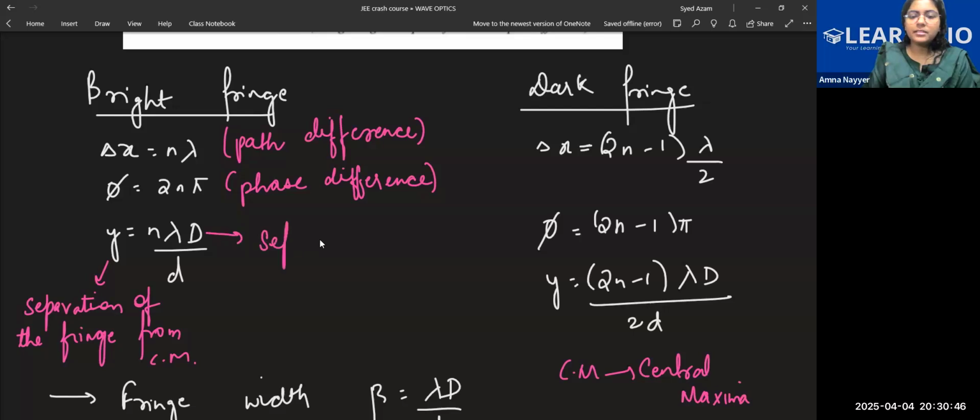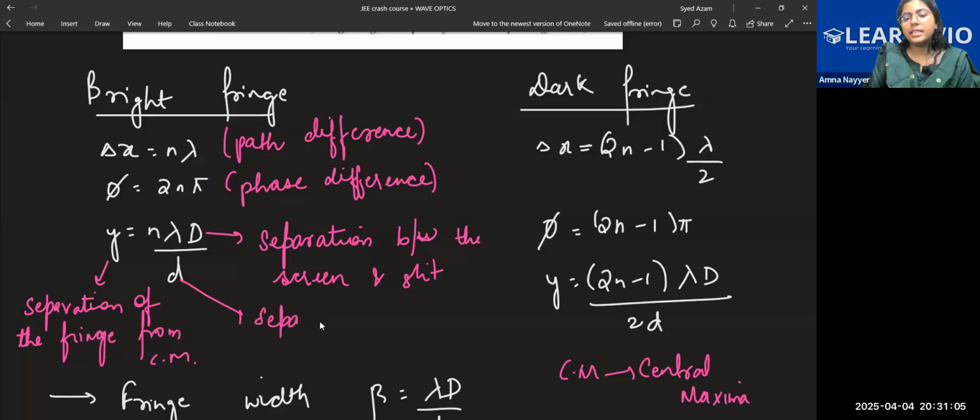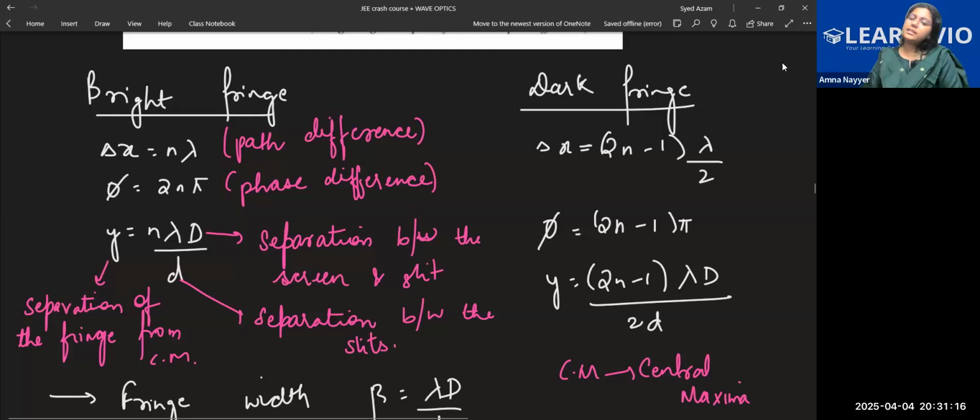Separation between screen and slit. And what is small d? It's the separation between the slits. Okay. Is it clear till here?